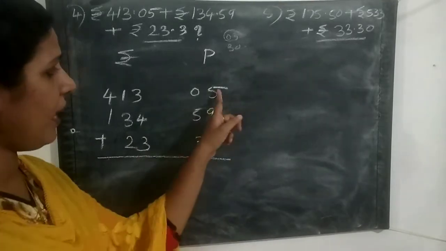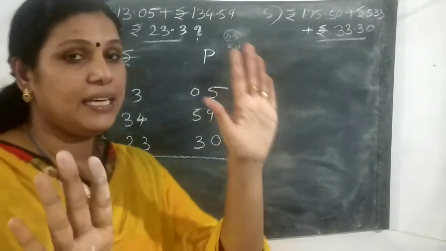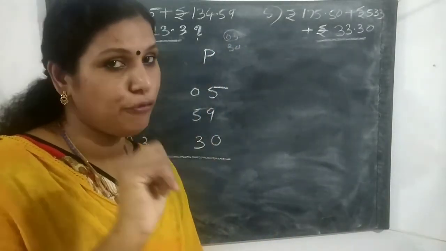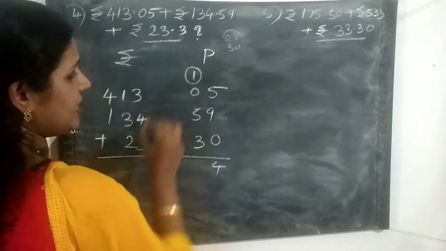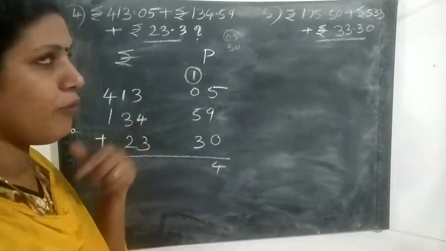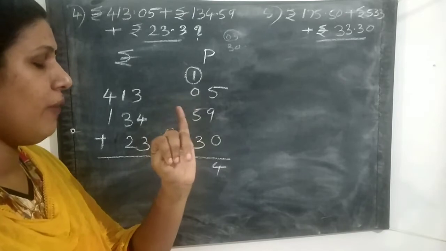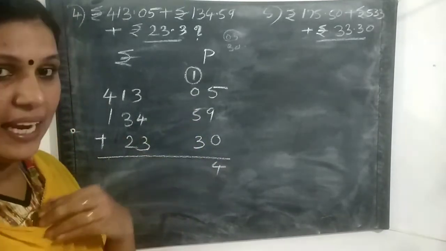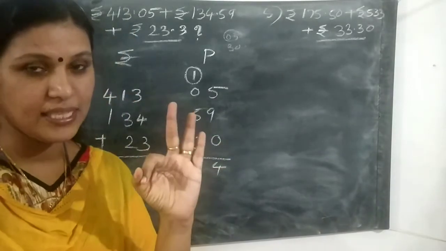5 plus 9. 5 in the mind, 9 on the fingers. After 5, 6, 7, 8, 9, 10, 11, 12, 13, 14. So here we write 4, carry over 1. Then 1 plus 5: 1 in the mind, 5 on the fingers. After 1, 2, 3, 4, 5, 6. Then 6 in the mind, 3 on the fingers.